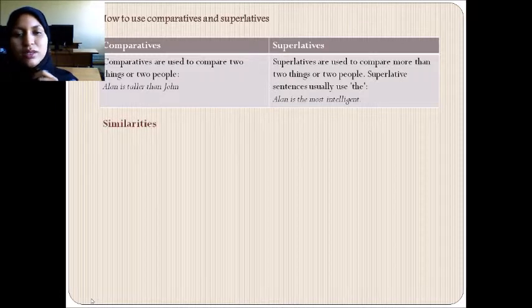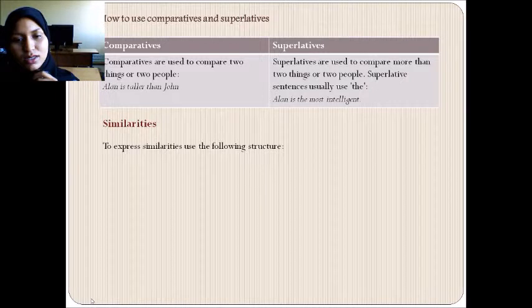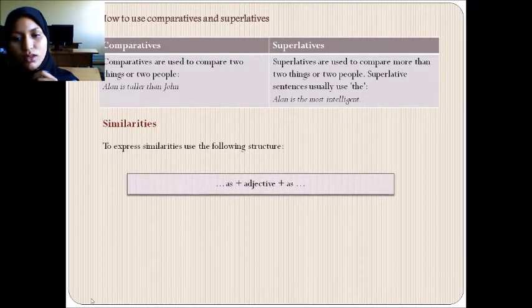Next, we have the similarities between comparatives and superlatives. The similarities are expressed in the following structure. They can both be used in the structure as plus adjective plus as.